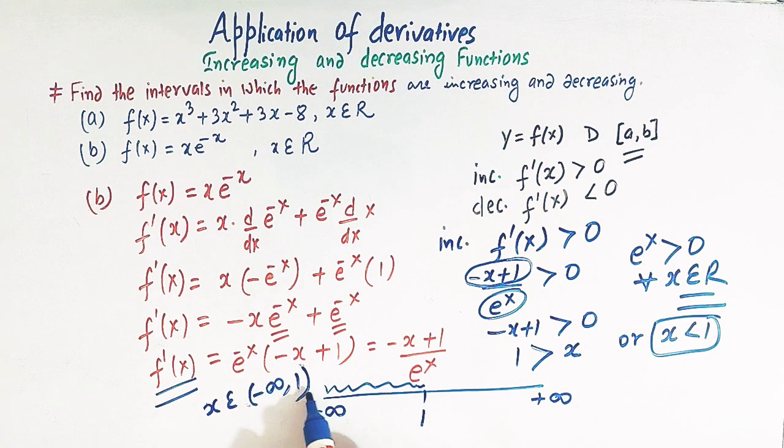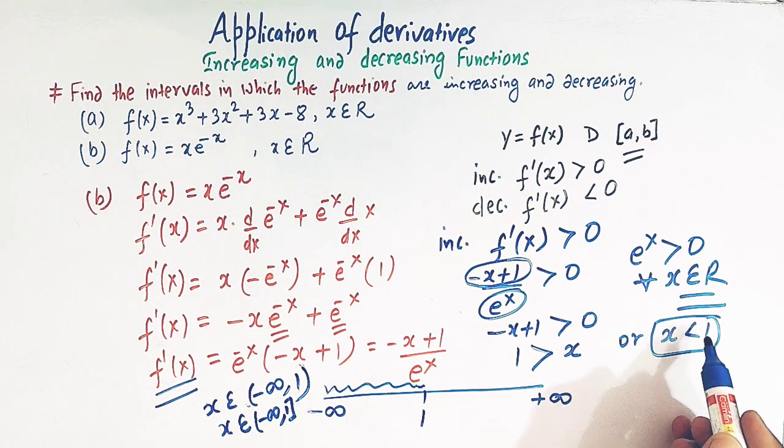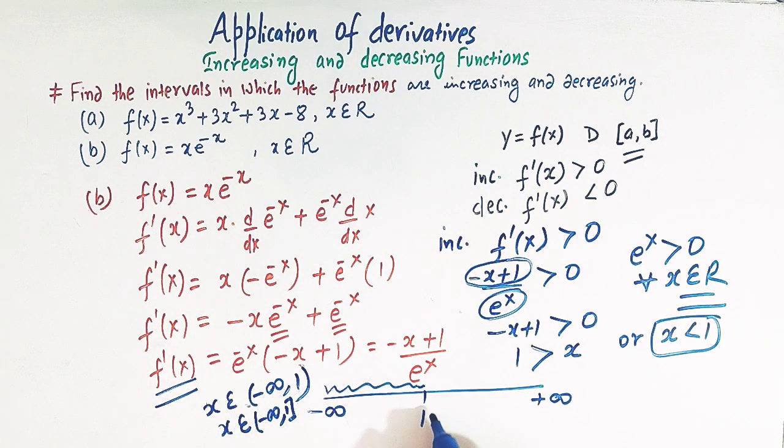And if we include the point 1, then at x is equal to 1, the derivative is 0, right? So we can also write this interval as x belonging to minus infinity to 1, right? Okay, and for x greater than 1, the function is decreasing, right?